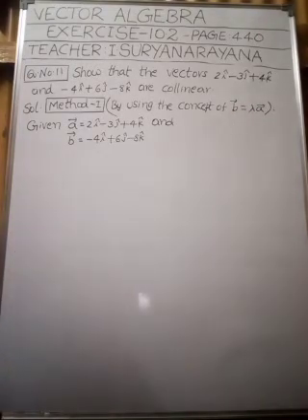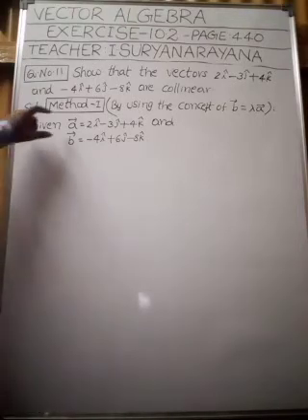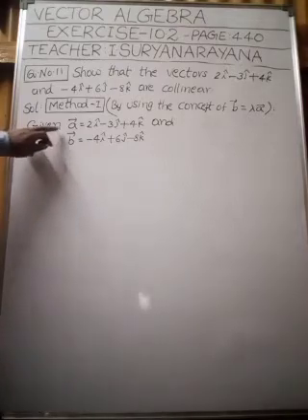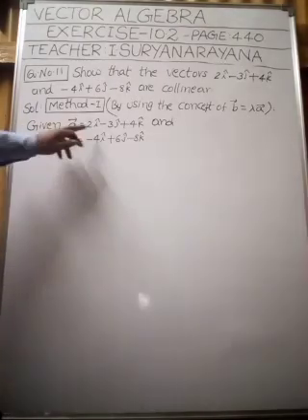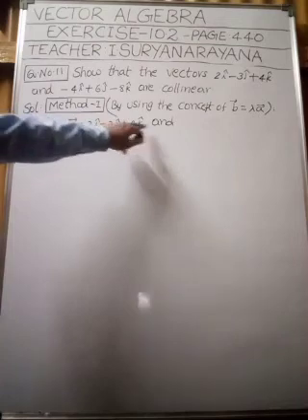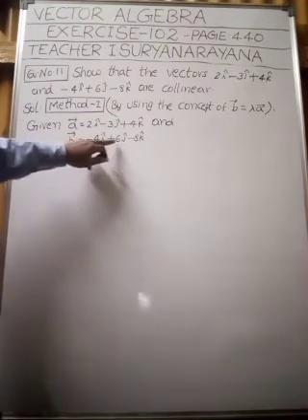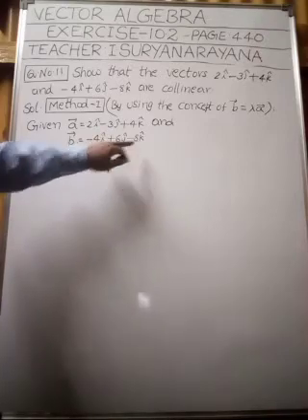Okay, my children? So I am using this concept to show that these two vectors are collinear. So let us assume that a bar is equal to 2i cap minus 3j cap plus 4k cap, and the second vector b bar is equal to minus 4i cap plus 6j cap minus 8k cap.